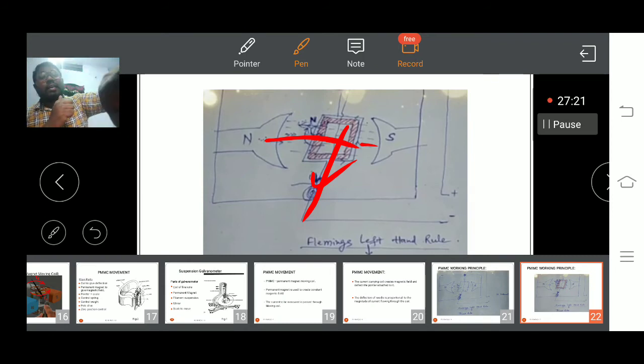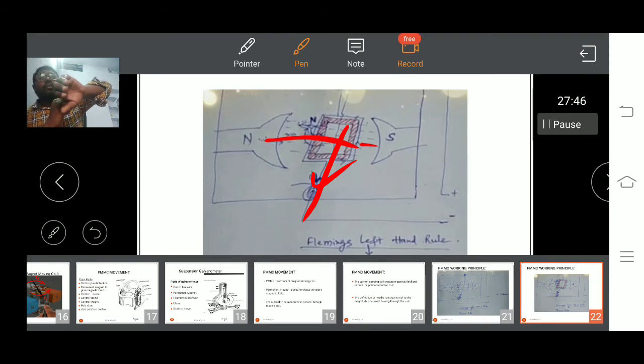What happens here is the coil cuts the radial magnetic flux. The coil moves in the clockwise direction to cut the magnetic flux.